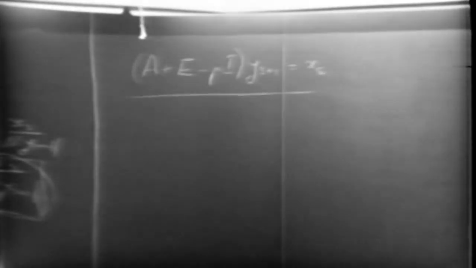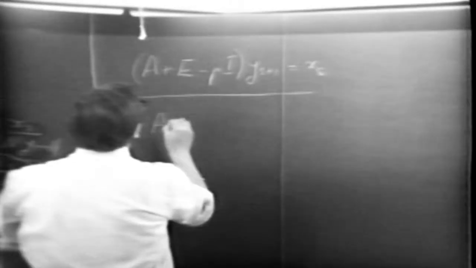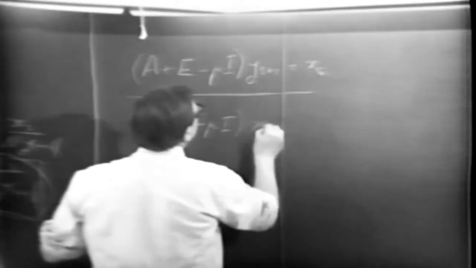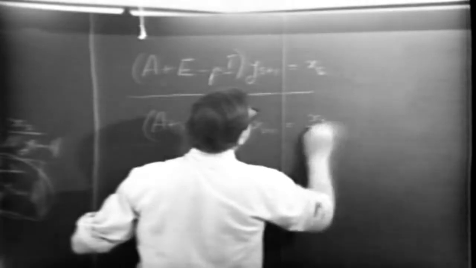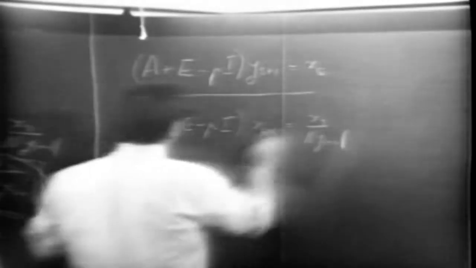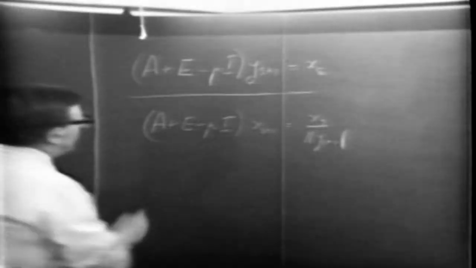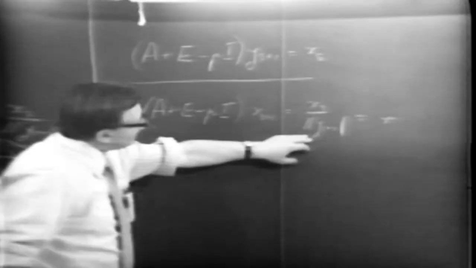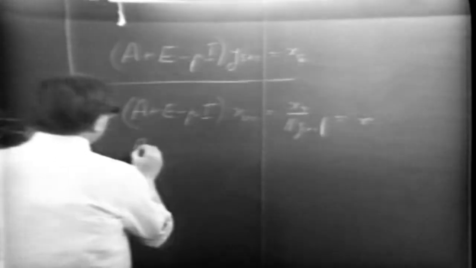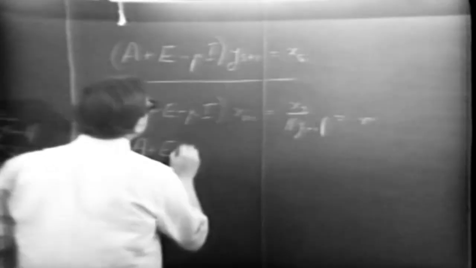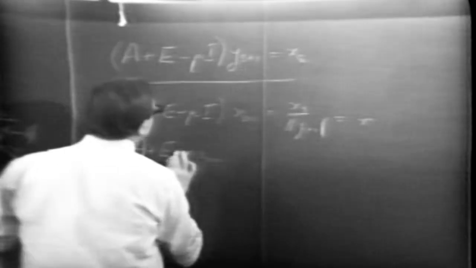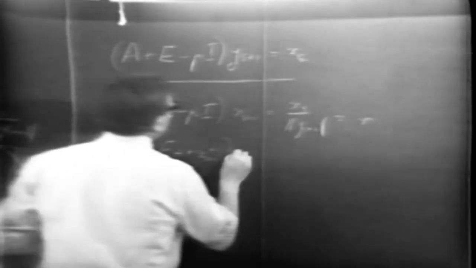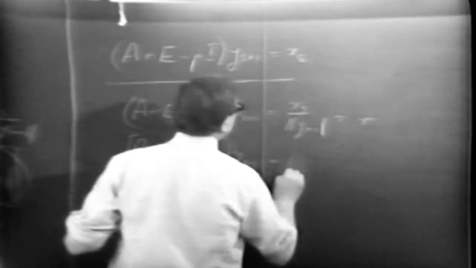Well, now we have the same effect. If ys plus 1 has grown, I have A plus E minus PI, ys plus 1 over ys plus 1, which is my new xs plus 1, is equal to xs over ys plus 1. And this means that A, and that's what I call R. So if I get the full growth, R will be at noise level, and I'll have A plus E minus R xs plus 1 H times xs plus 1 is equal to P xs plus 1.